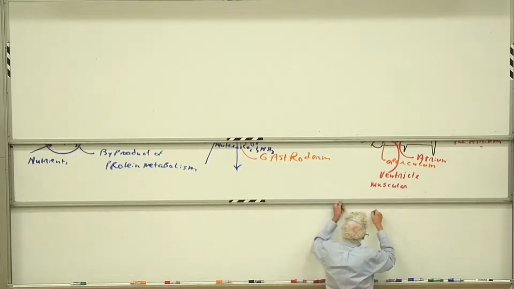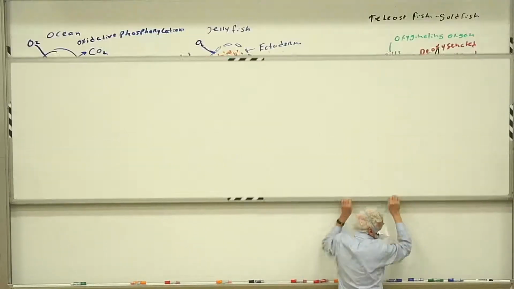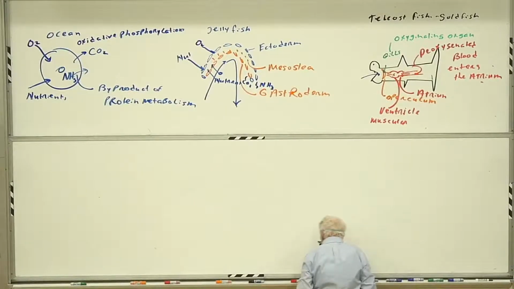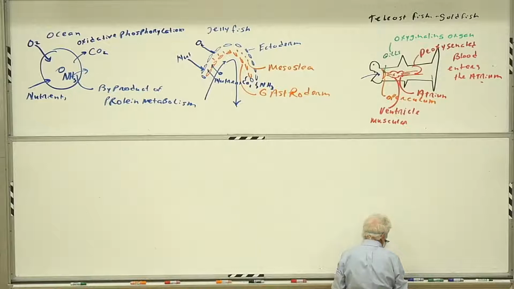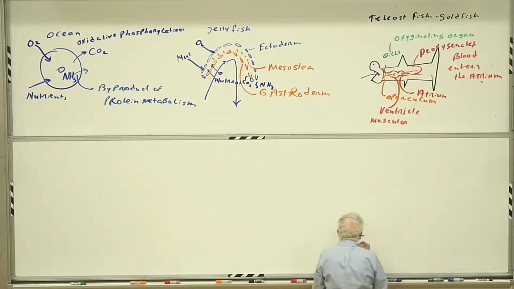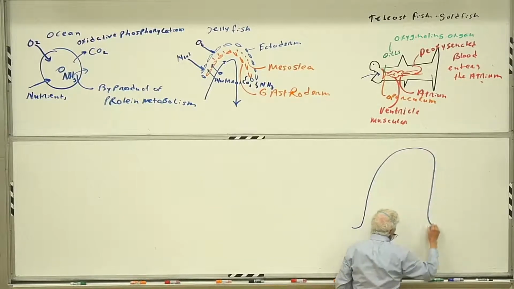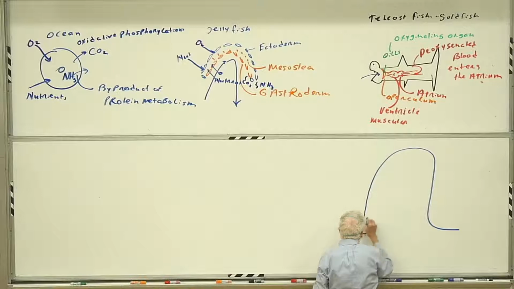But what's interesting is two things. First is there's only one pump. There's one pump that pumps blood to the gills. And let me draw the gills here to give you some idea what the gills are doing. The gill is a pretty simple structure. It basically has a layer of epithelial cells.